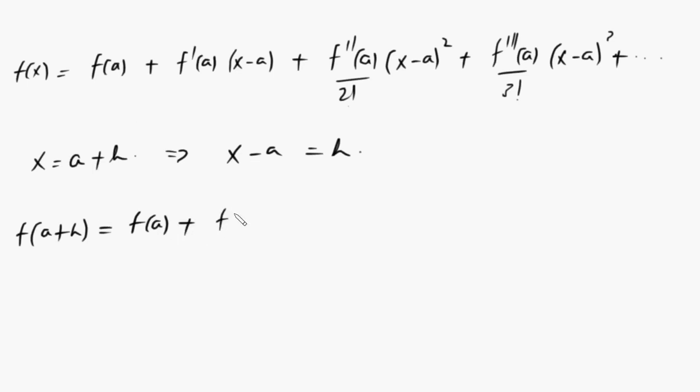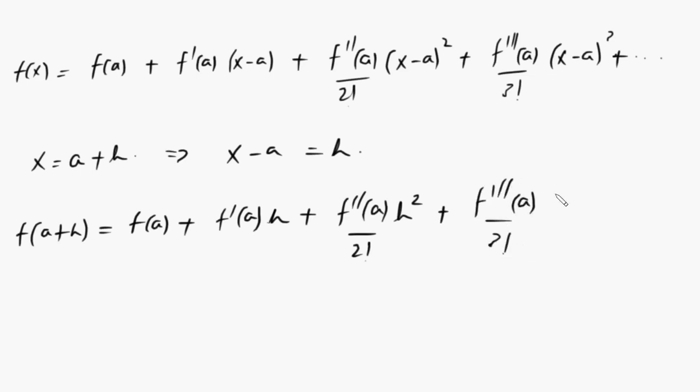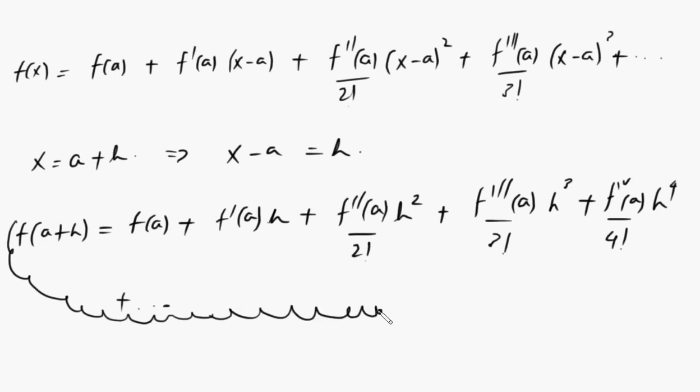Na fa plus f dash a h, plus second derivative of fa over 2 factorial h squared plus third derivative of fa over 3 factorial h cubed. Inafuata itakuwa ni fourth derivative of fa over 4 factorial h power 4 and continue. So this is also another form of writing the Taylor series. Kwa hiyo ni Taylor series and we have proved it.